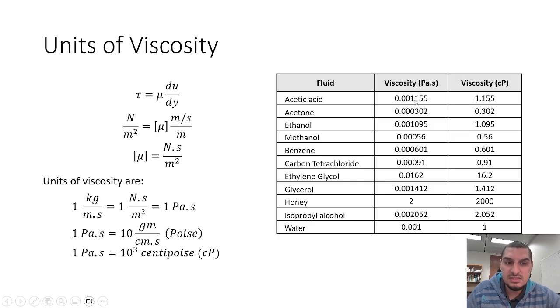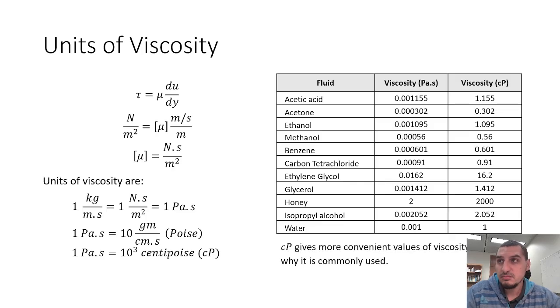So instead of saying it's something times 10 power minus 3 or minus 4, you can find it around 1, or around the tens or hundreds. So it makes the numbers more convenient to deal with. Okay, so this is the last thing to mention here.